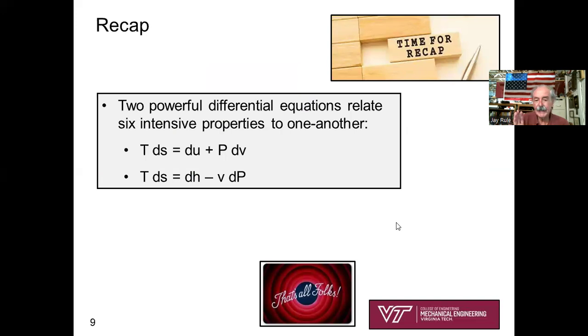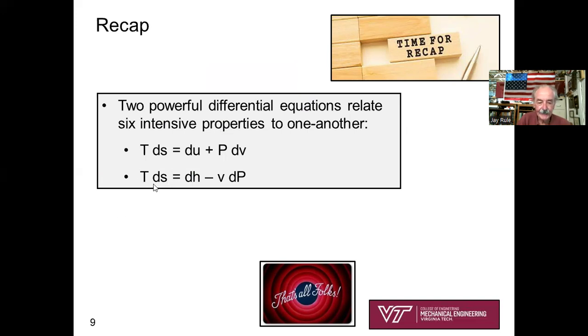We've come to the recap, okay? And the recap is simply stating these two differential equations. You should not have to commit them to memory until you get to graduate school, okay? But let's see what they do. These are two powerful differential equations, and what do they do? They relate 6 intensive properties to one another. So let's look at the properties.